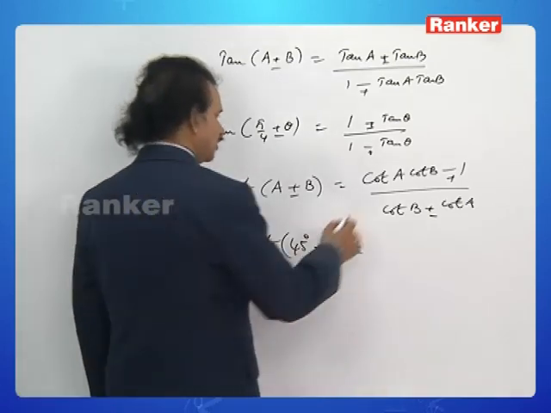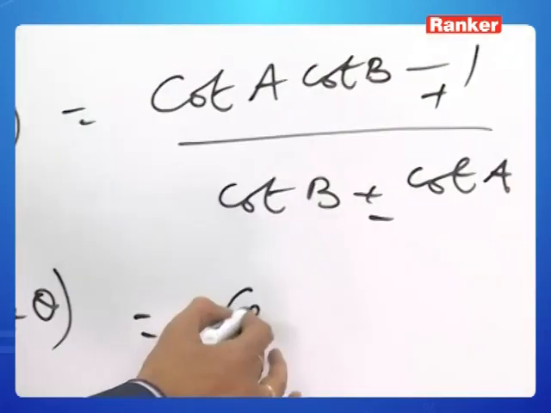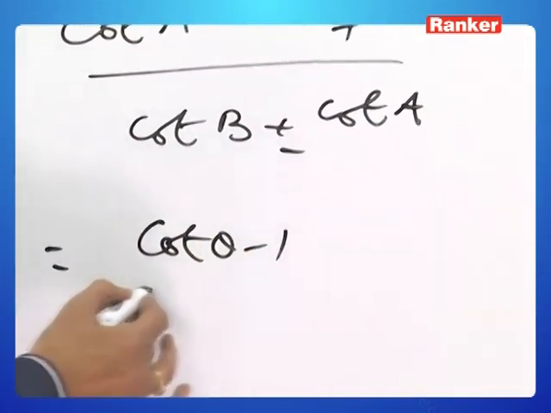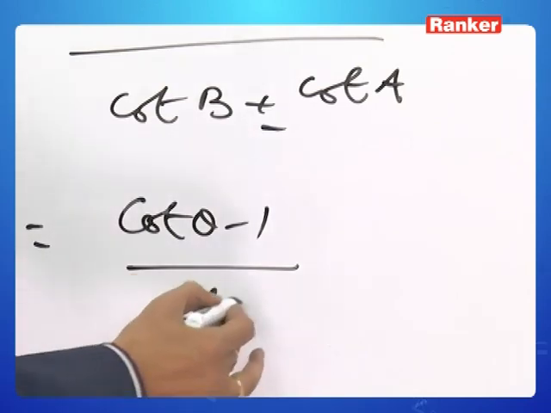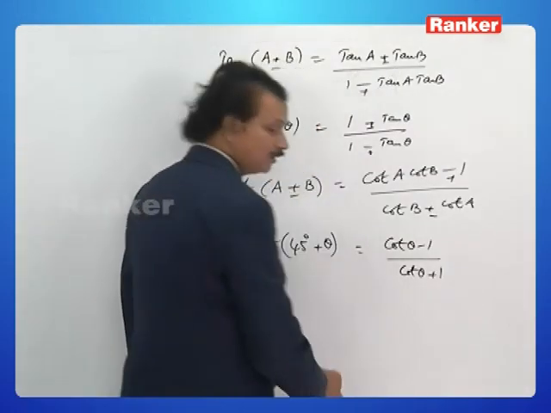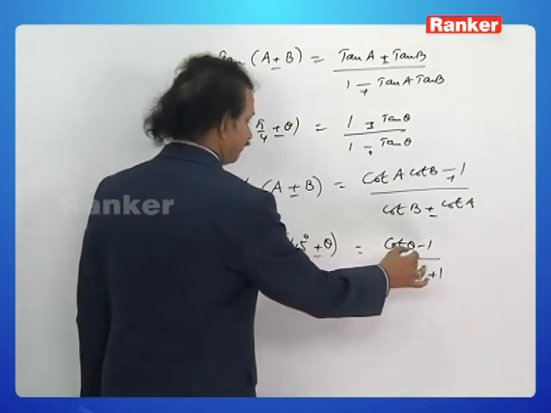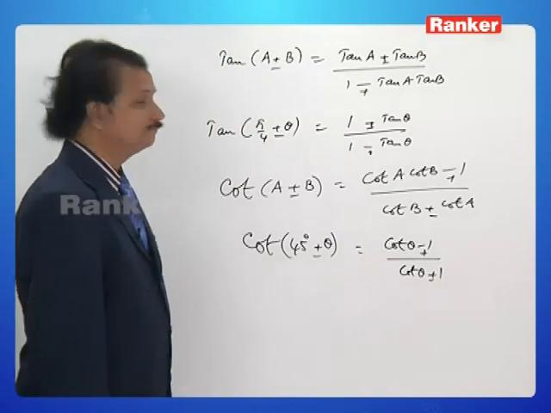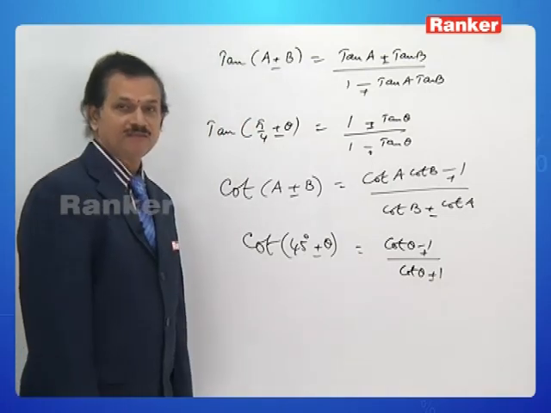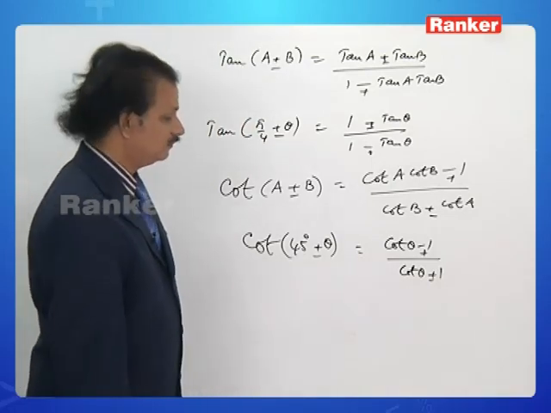What happens? Cot 45 is 1, so cot theta minus 1 by cot theta plus 1. If you have minus, you have plus here, minus here. These are the applications of this. Good. Then next one.